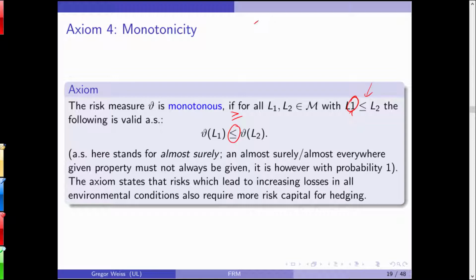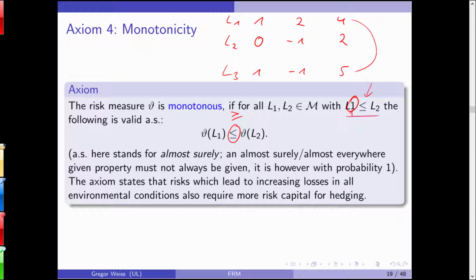Very simple example, if you have L1 here, and this is L2, then you can see that L1 is larger than L2. If, however, you have a third one that looks like this, you can see that in one scenario, L1 is larger, and in another scenario, L2 is larger, and then you cannot say that L1 is smaller or equal than L2.